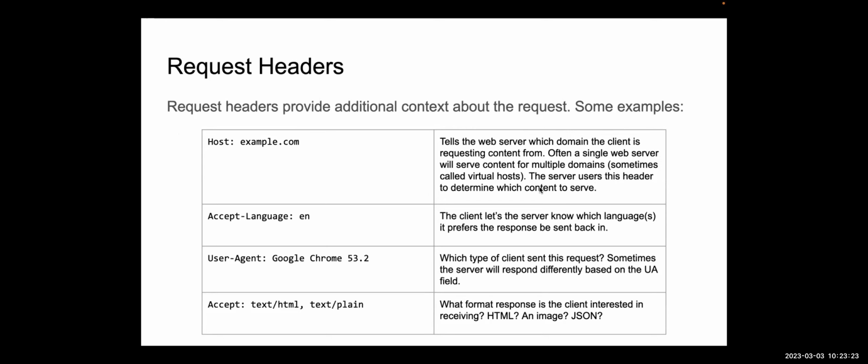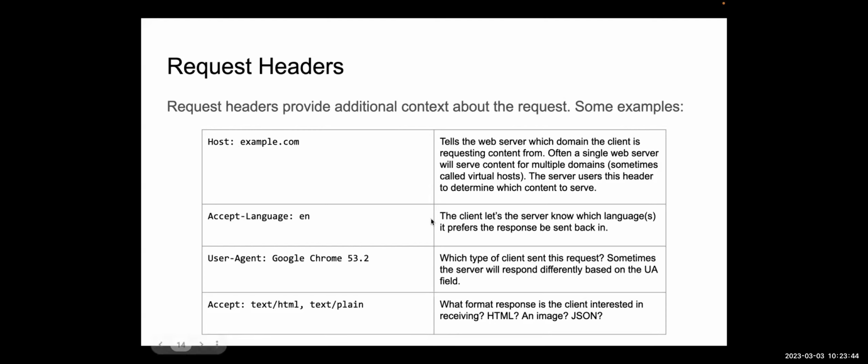So basically, multiple servers can be on the same IP address. The DNS part makes a connection with that server, but it still needs to know which exact domain to hit, which specific host we're trying to get data from.